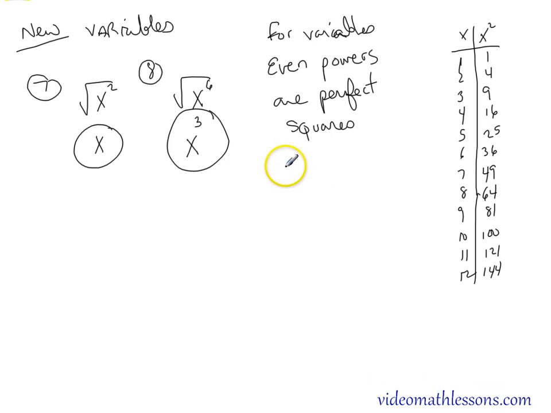Well, to take the square root, now look, this was a 2, now it's a 1. This was a 6, now it's a 3. What you do is you take half the power.